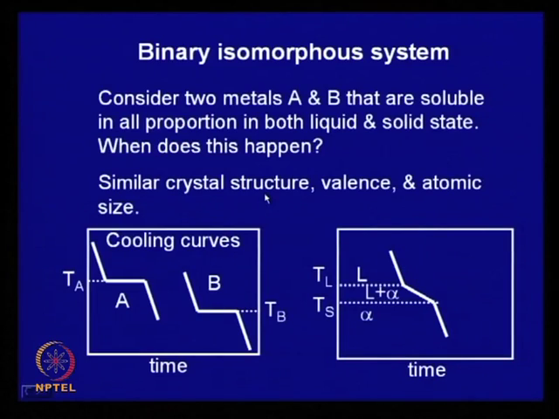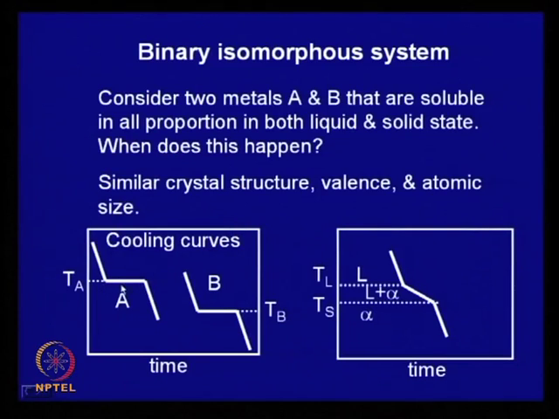Now, let us consider an ideal case of two metals which are soluble in both liquid and solid state in all proportion. And we learnt about thermal analysis, and this is a powerful tool in determining the transformation processes in alloys. Let us look at the typical cooling curve of pure metal A. Here it is liquid, and as you start cooling, the solidification begins at this temperature, and after certain time, when solidification is complete, again it starts cooling down.